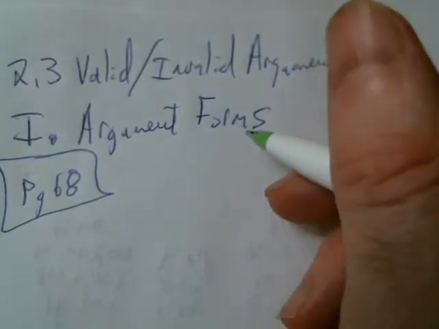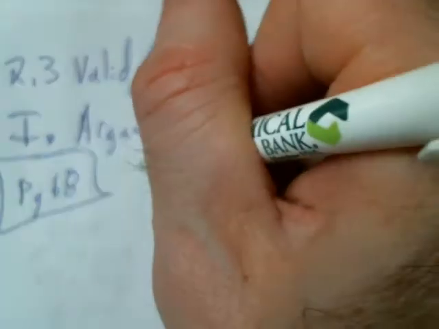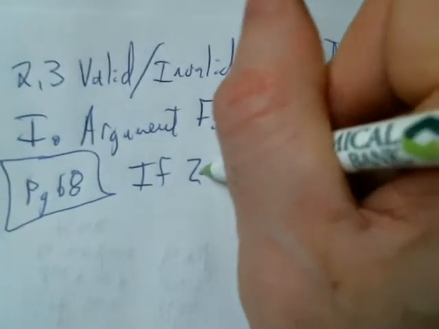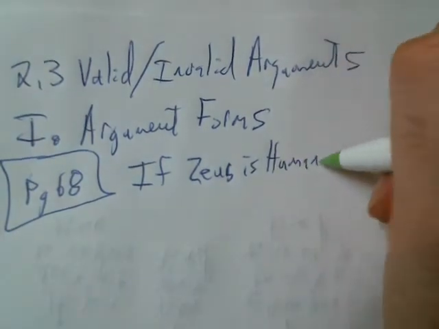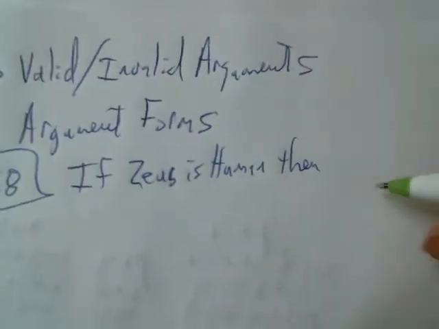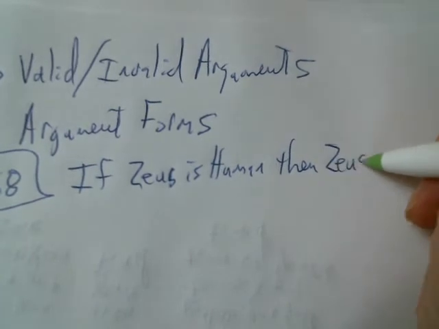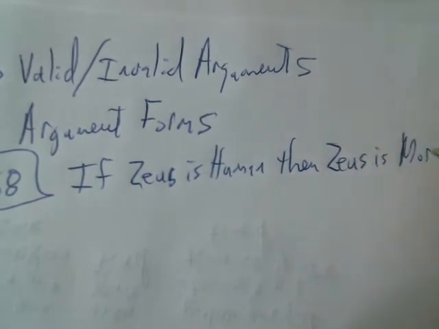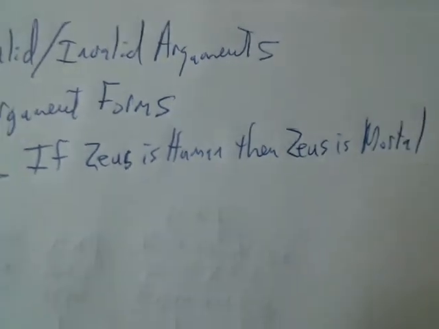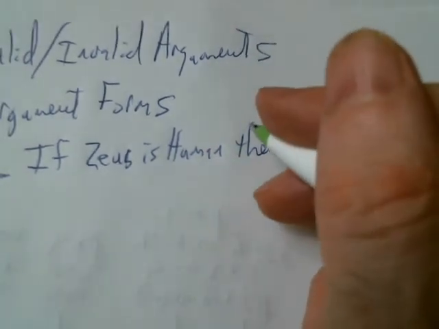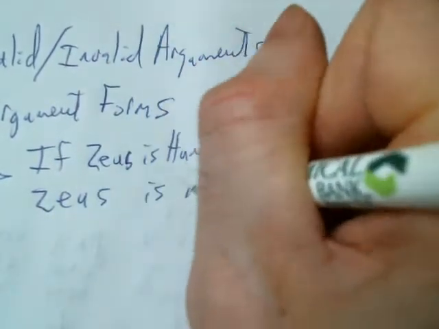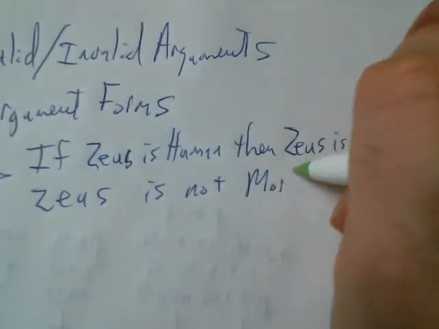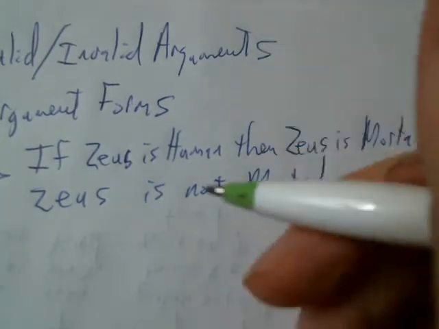The first statement: if Zeus is human, then Zeus is mortal. The second statement: Zeus is not mortal. And then the conclusion: Zeus is not human.